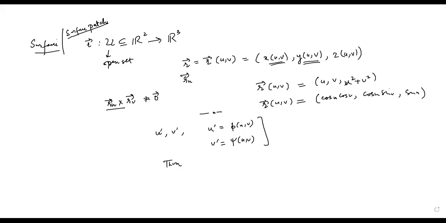then in order that a regular point is always mapped to a regular point under this parameterization, the condition was that the Jacobian determinant of this transformation is non-zero, or this determinant, del phi by del u, del phi by del v, और दूसरा row del psi by del u, del psi by del v, is non-zero.